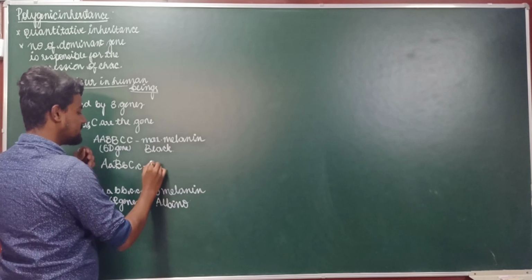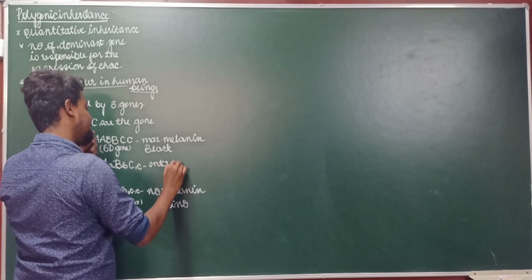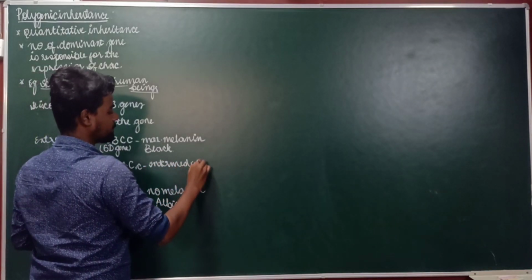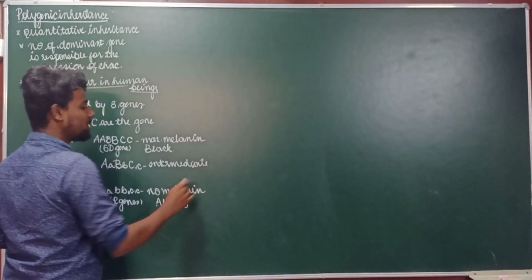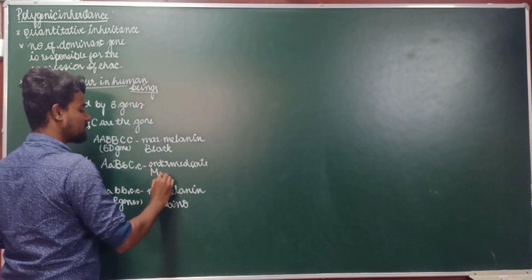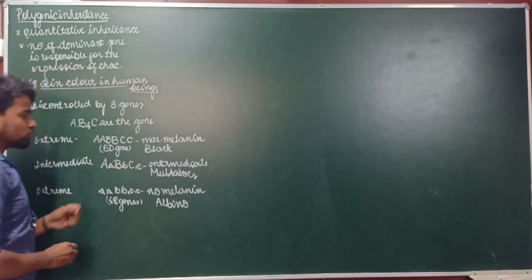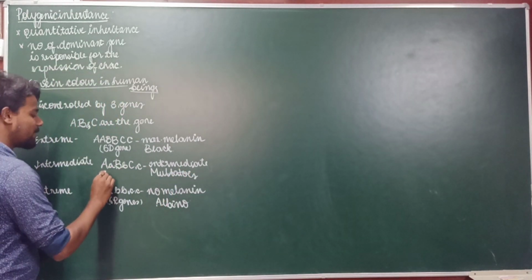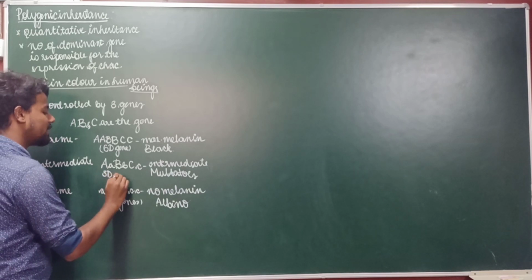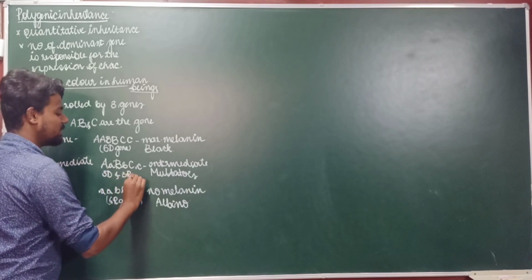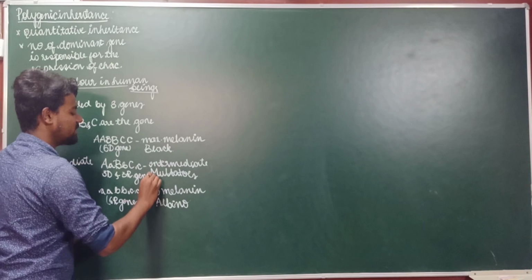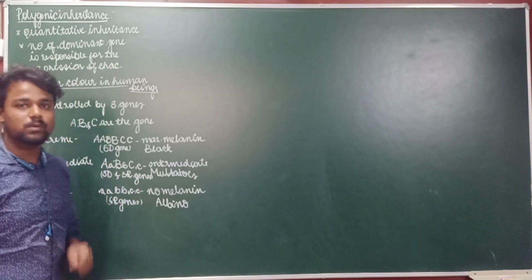This has some intermediate color, and we call this kind of human beings mulattoes. So this is the intermediate color where there are 3 dominant and 3 recessive genes. I hope it is clear to all of you now.